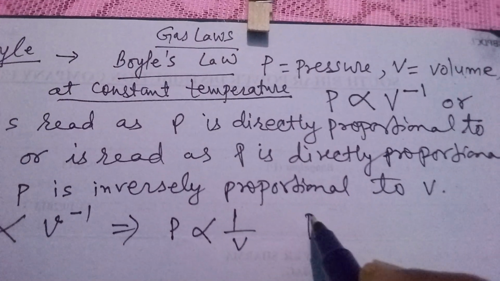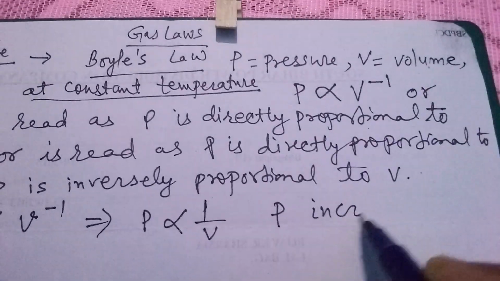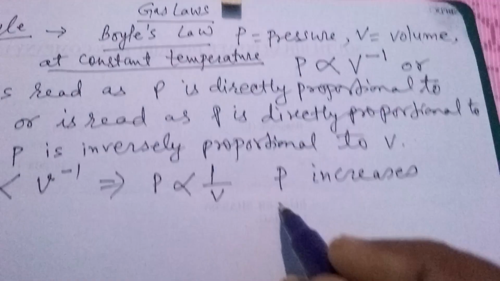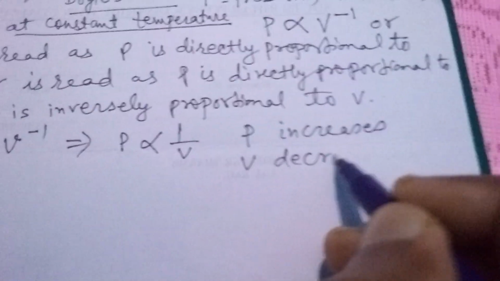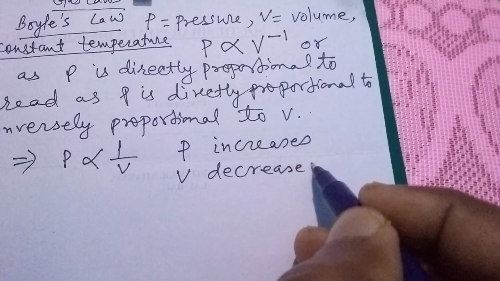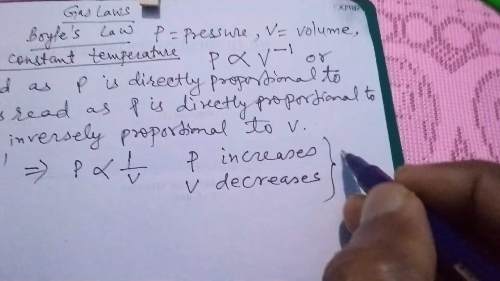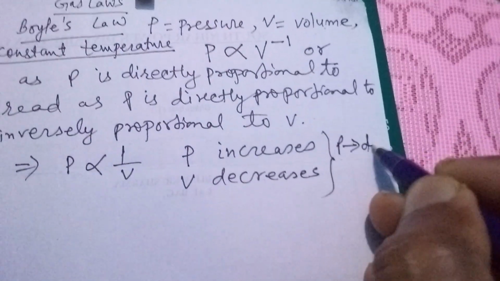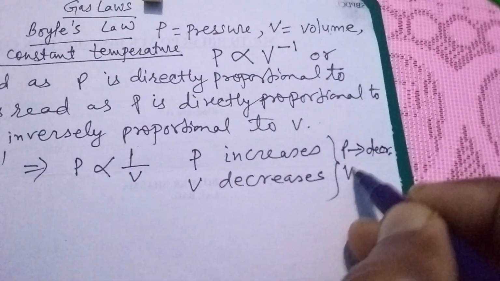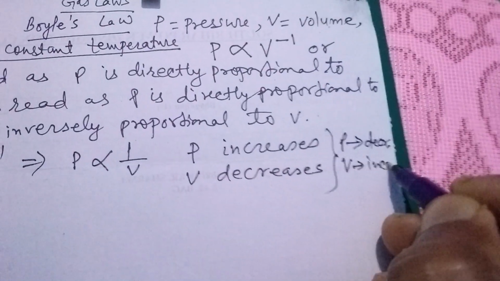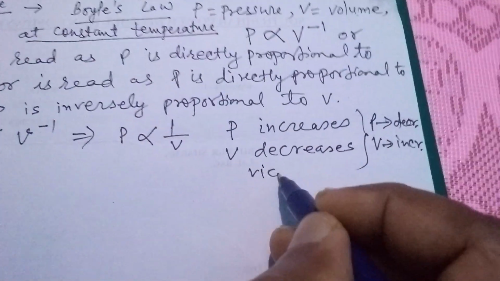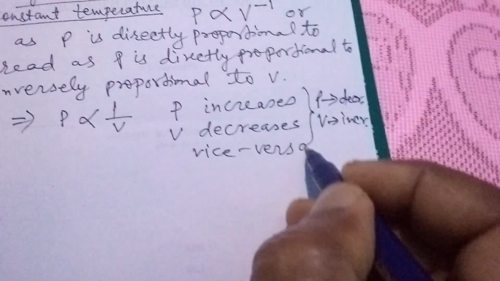Here it means that if P increases, then V decreases, and vice versa. If P decreases, then V increases. This is called vice versa.